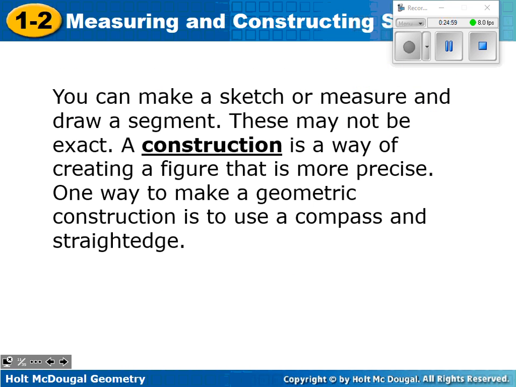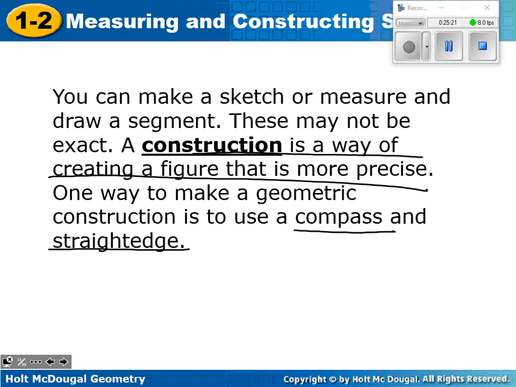So be careful. Constructions, we are going to do several constructions this semester. A construction is a way to create a figure that is more precise. When you do a construction, you are only going to use two tools in here, and that is a compass, which remember is the thing that makes circles, and a straight edge, not a ruler.